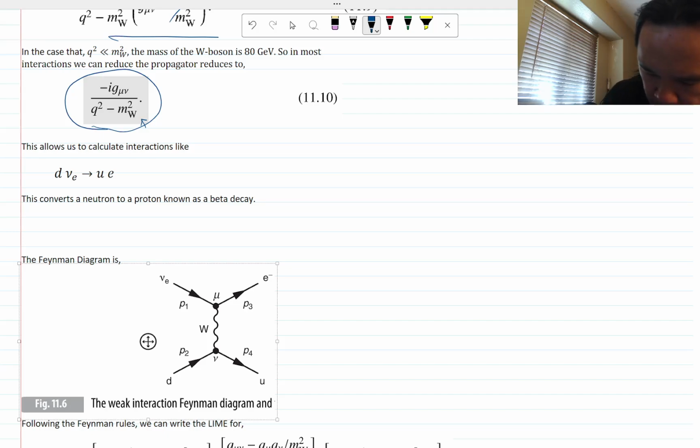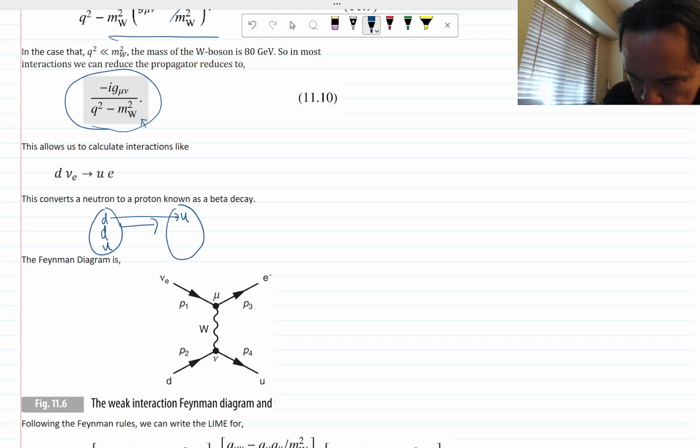Remember, a neutron has 2 valence down quarks and 1 up quark. In order for this to convert into a proton, one of these down quarks has to change into an up quark, and this is a process that happens. And during this process, basically an electron and an electron neutrino jump out. That's the idea for this decay.